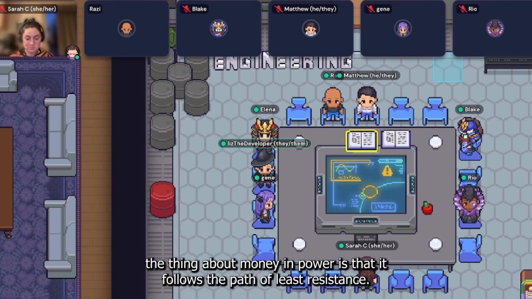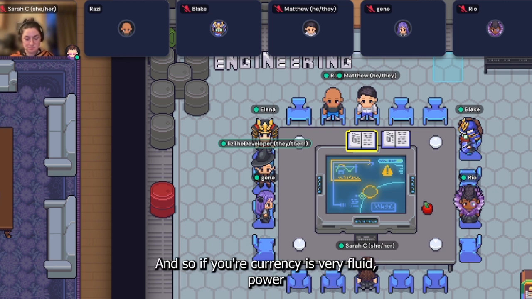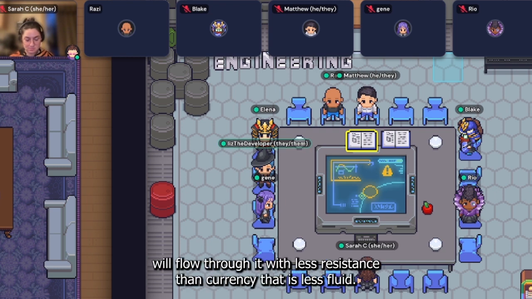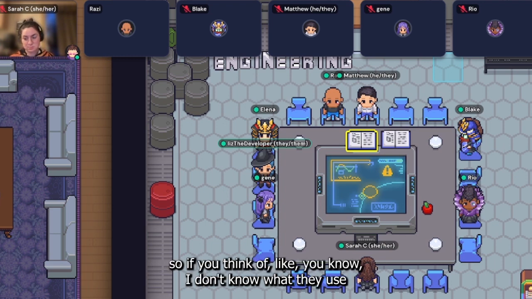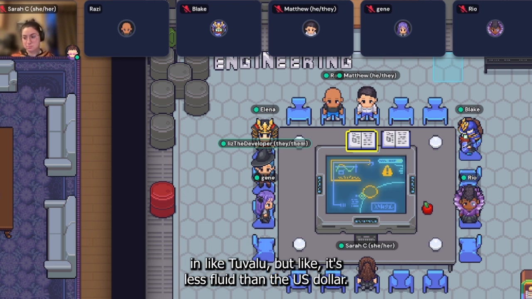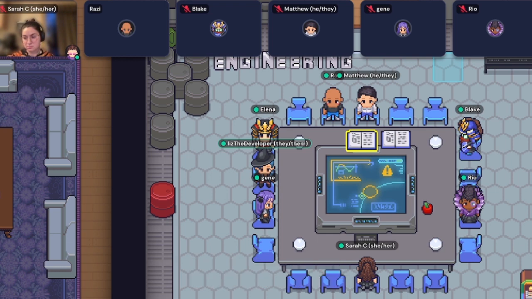So yeah, the thing about money and power is that it follows a path of least resistance. And so if your currency is very fluid, power will flow through it with less resistance than currency that is less fluid. So if you think of, I don't know what they use in Tuvalu, but it's less fluid than the US dollar, just because it's a small country, really tiny.